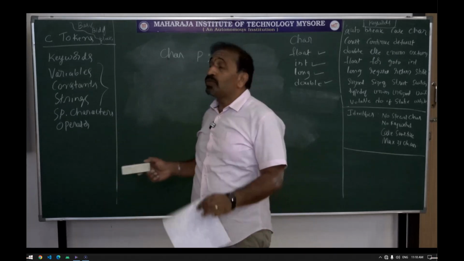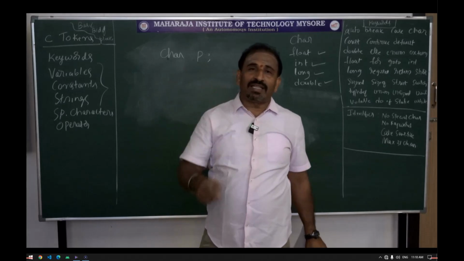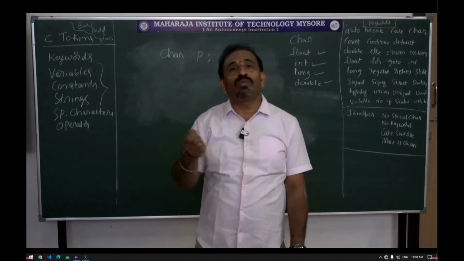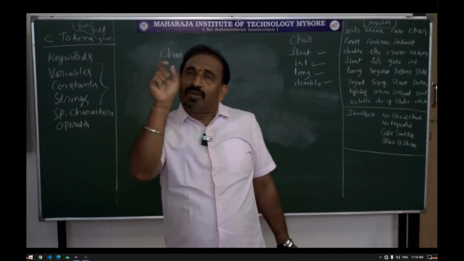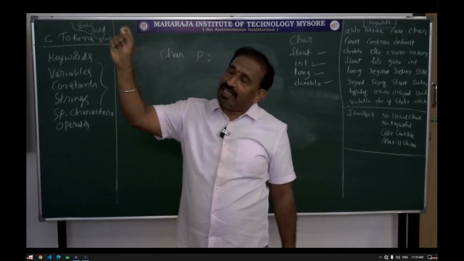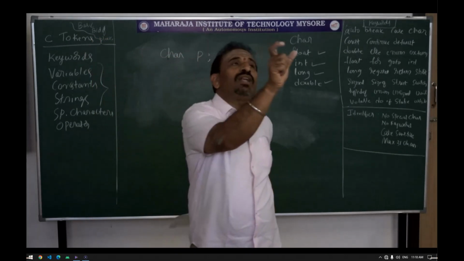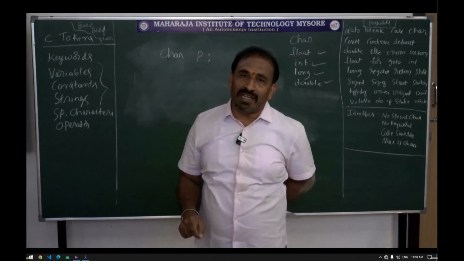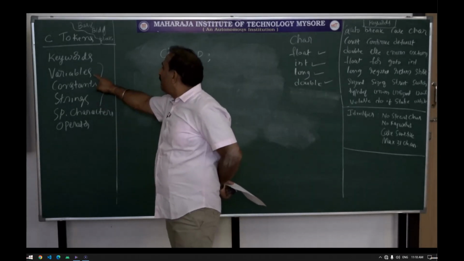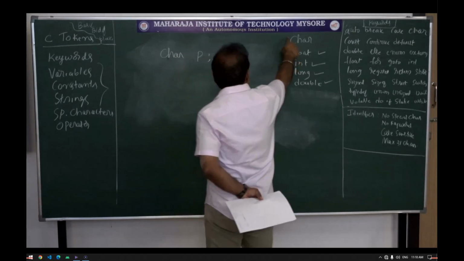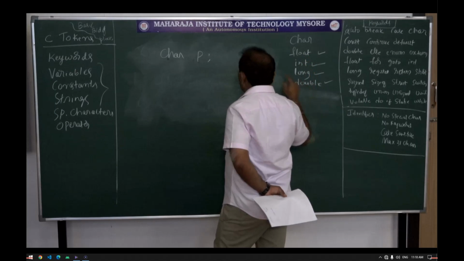Supposedly, if I would like to store more than one character, for example, I would like to store Murali, M-U-R-A-L-I, my name, I cannot store this in one character type variable. I need to have strings. So that's why when I explain variables, these are the five possible types of variables: character, float, integer, long, double.